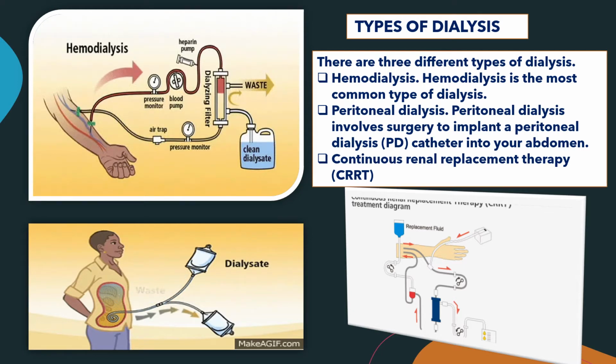And the third one is continuous renal replacement therapy or CRRT. See the third diagram, you will understand the mechanism of CRRT. Now, please consult your own book, so that you will understand it better.